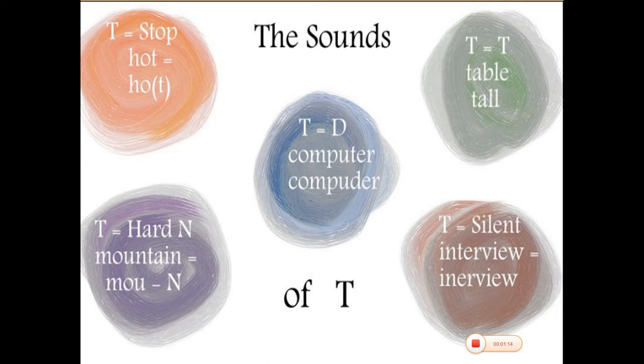Then T which gives a D sound, not a completely D, but D sounds, like computer becomes computer. T when it gives the T sound, table, tall. T when it gives the silent sound, like T will not be pronounced in words like interview becomes interview. So let's begin with the session.